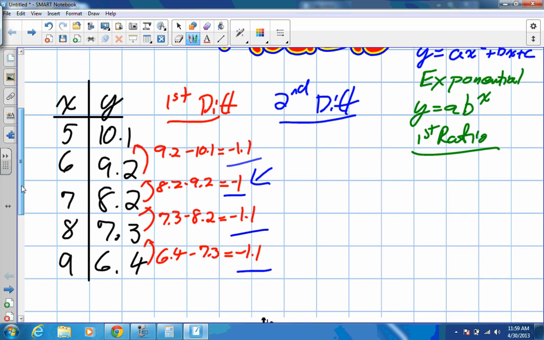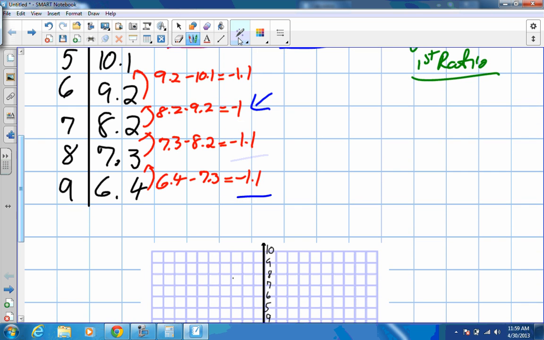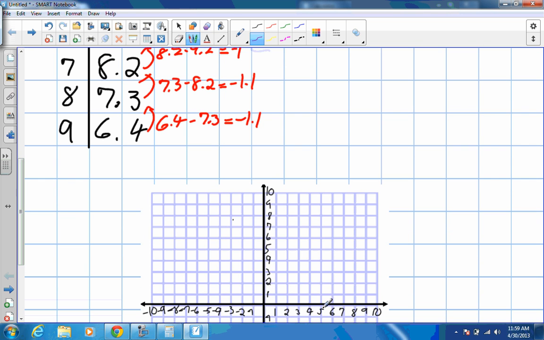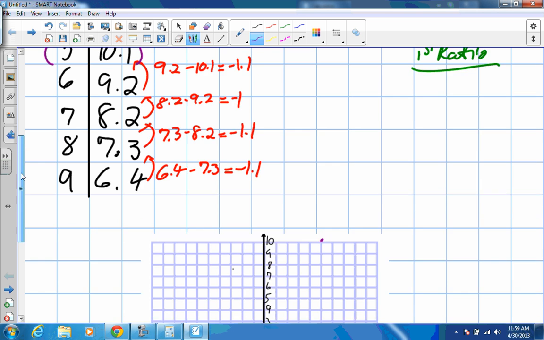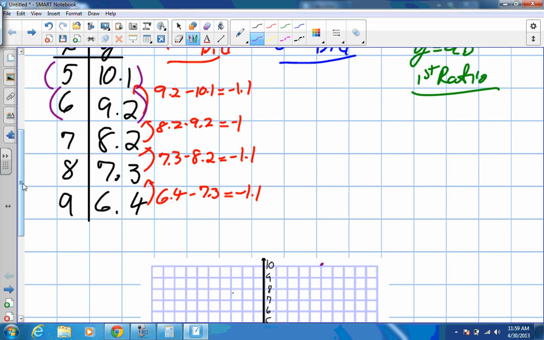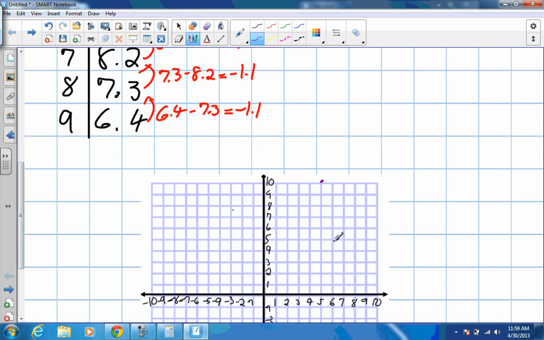What we're going to do from there is plot them to make sure that they make sense. Our first coordinate is 5 and 10.1, so it would be approximately there. 6 and 9.2. And then we can see from here we have 7 and 8.2, 8 and 7.3, and 9 and 6.4.